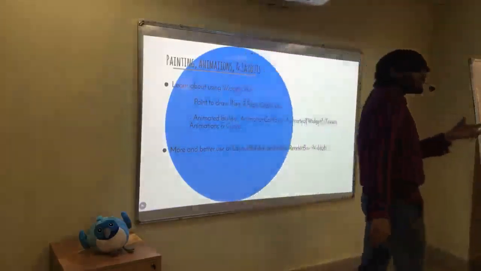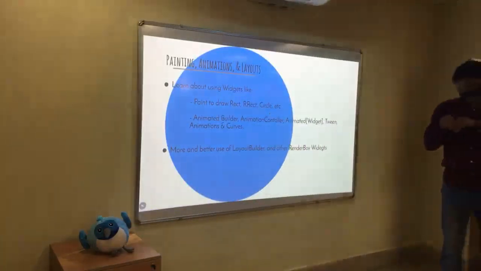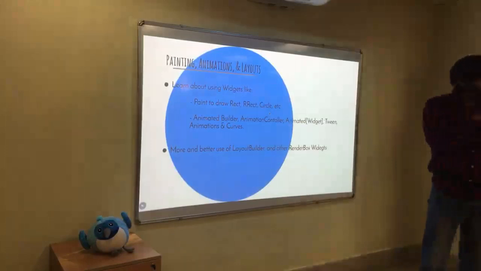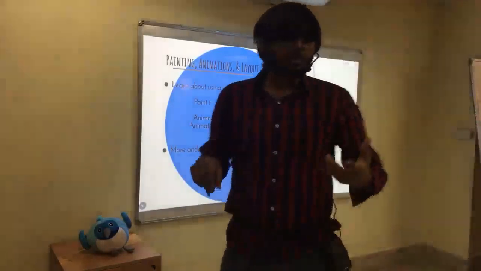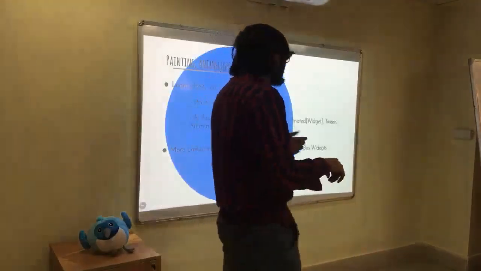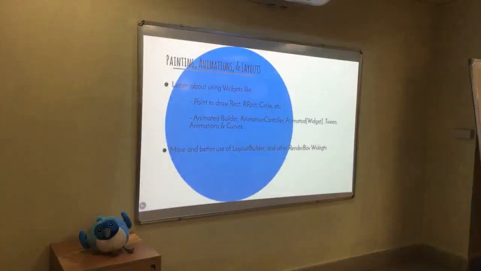The size of the render box, actually it's a 2D coordinate, and it will give you the x and y axis of your widget. It will start from the left top corner of the widget at 0, 0 from there, and you get the size of the widget, height and width.